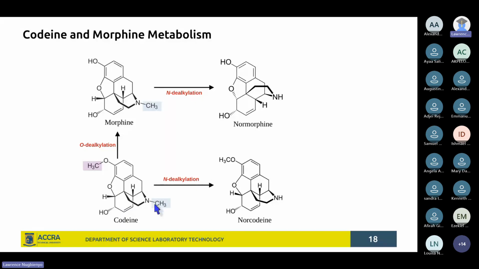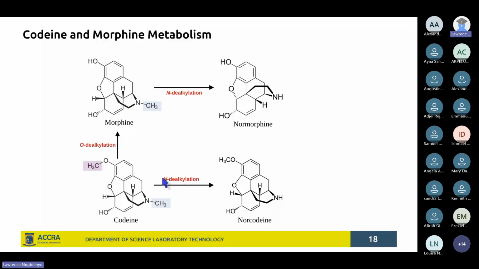You can say N-demethylation, because the methyl group is an alkyl group. So specifically, you can say it is N-demethylation, because on this nitrogen, where you have that methyl group, the reaction goes into the formation of norcodeine, and you see that methyl group is removed.